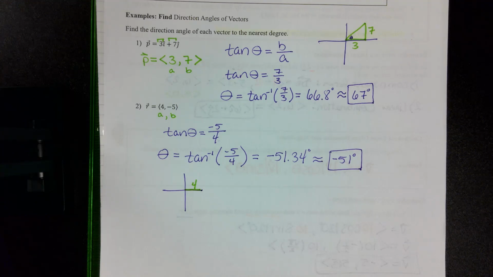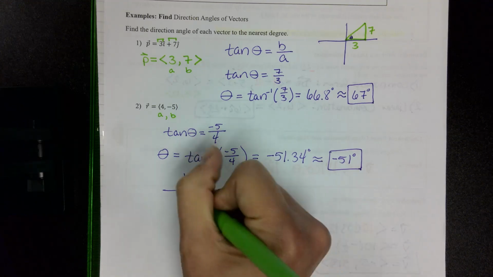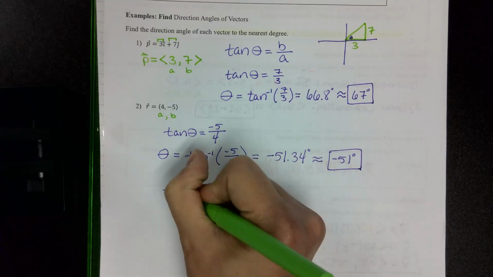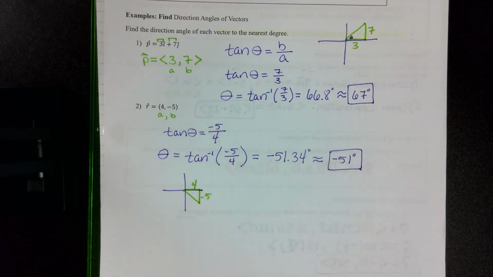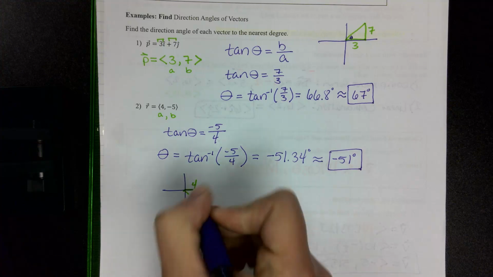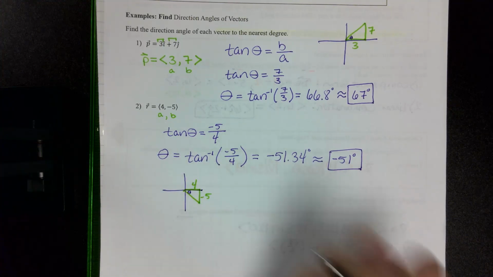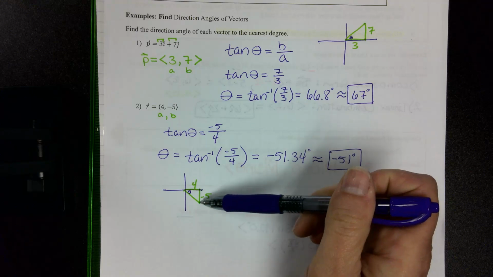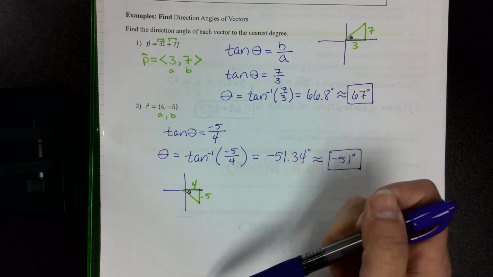And then I'm going down, because it's -5. Then connect to x. So again, it puts theta right here. And an angle from positive x going down from positive x is a negative rotation. So I should have a negative angle.